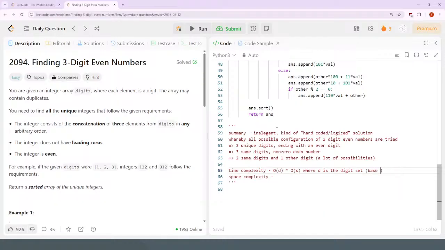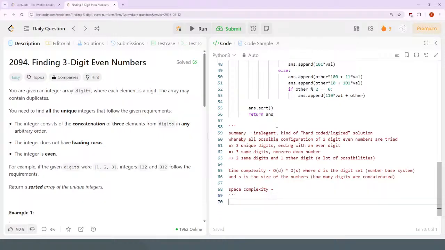Like this is your base number system, and S is the size of the numbers, how many digits are concatenated. It's at least that much. It might be some factorial or some polynomial of that amount.